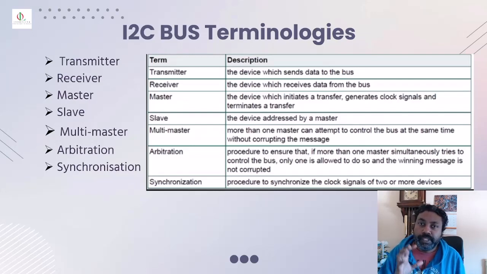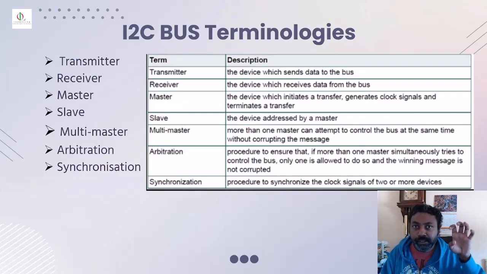The master is the one which can initiate a transfer of data. It can generate clock signals on its own, and it can initiate and also terminate a transfer. Being a master, it controls everything. And the slave is addressed by the master, so the master has to contact the slave.